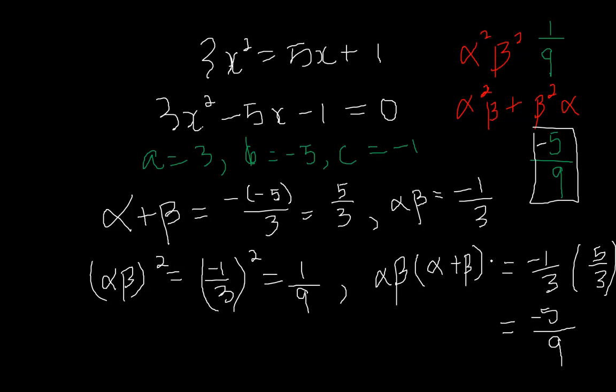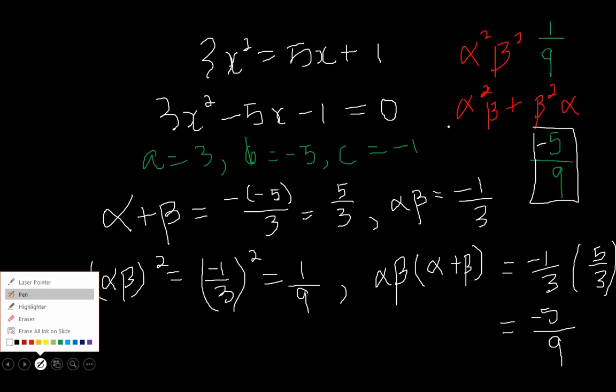Yes, I got negative 5 on 9. All right. So the answers are 1 on 9 and minus 5 on 9. Everybody understands that? Okay, let's move on.